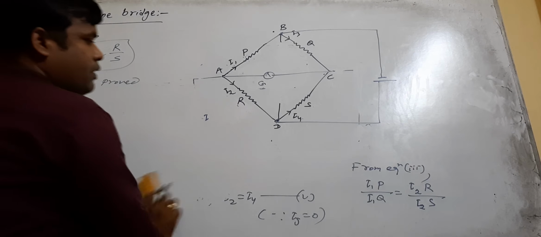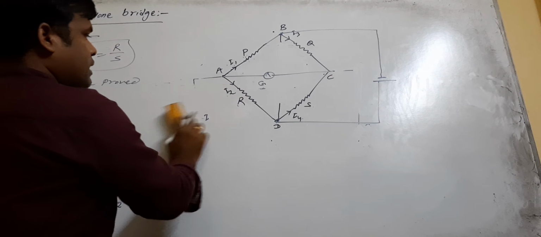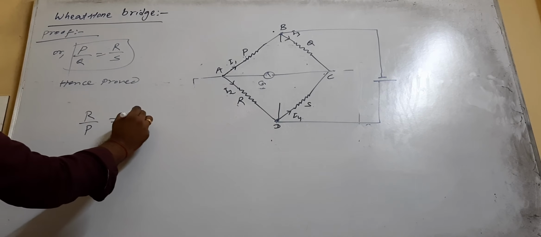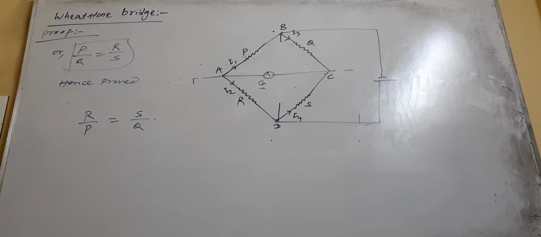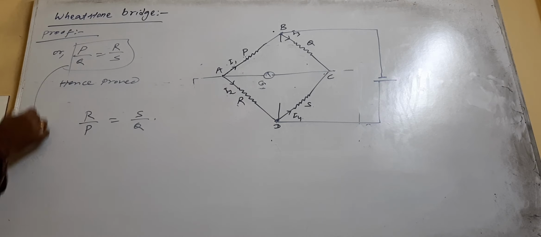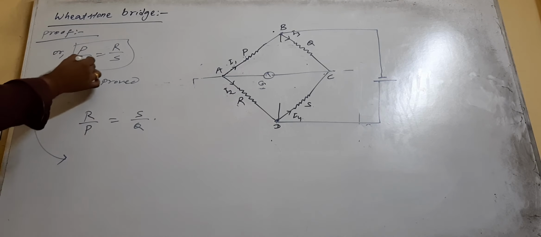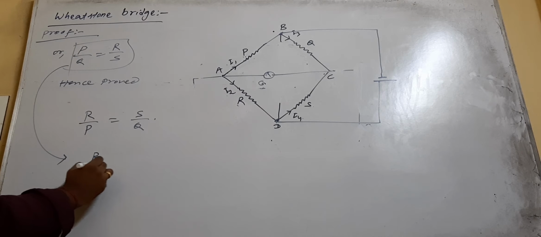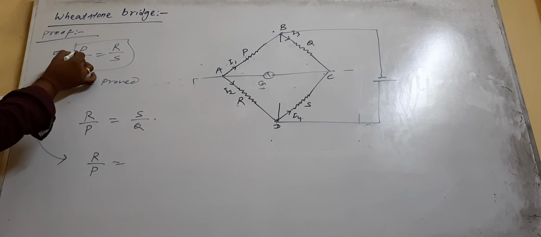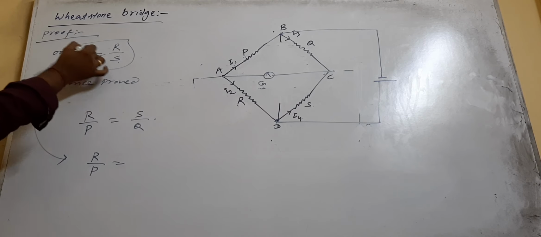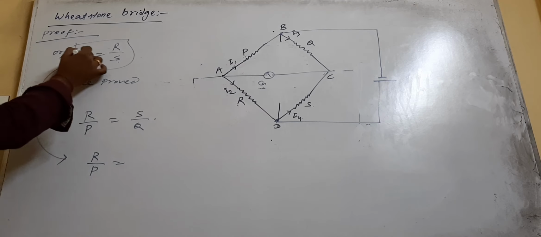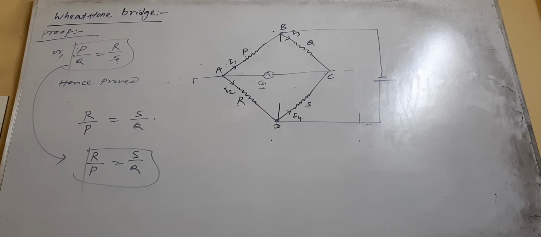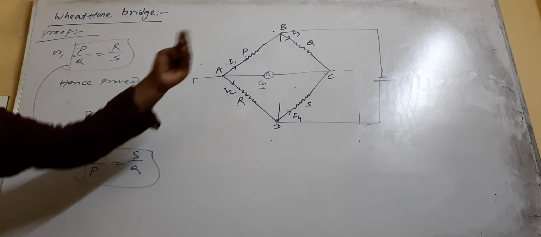Now, you see, the bridge is balanced if R by P is equal to S by Q. Previously we have found P by Q is equal to R by S. So from this you can write R by P is equal to S by Q. So you see the bridge is balanced.